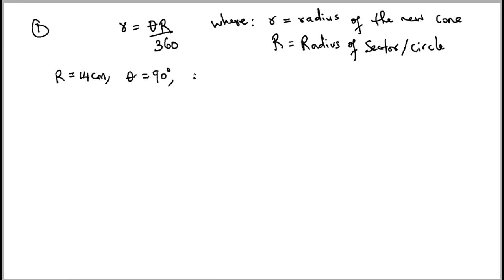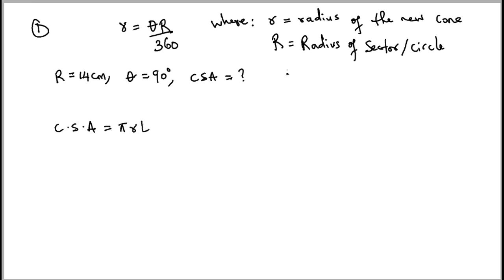So we are asked to find the curved surface area of this cone, and you should know the formula for curved surface area. The curved surface area, as we know, is always equal to pi r l.